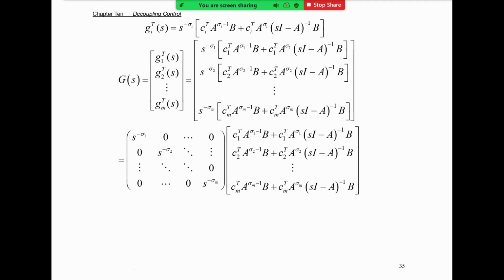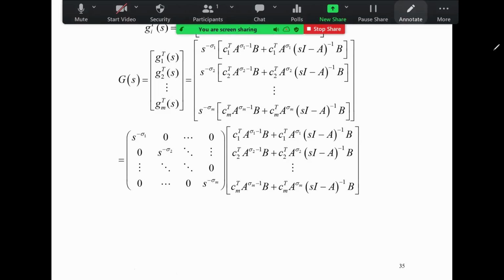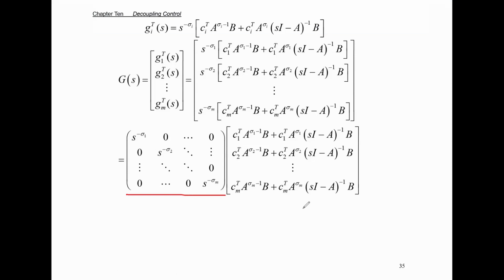Okay. Now let's split this into two matrices. Then we have this diagonal matrix, with very simple terms: s to the minus sigma 1 and s to the minus sigma 2.